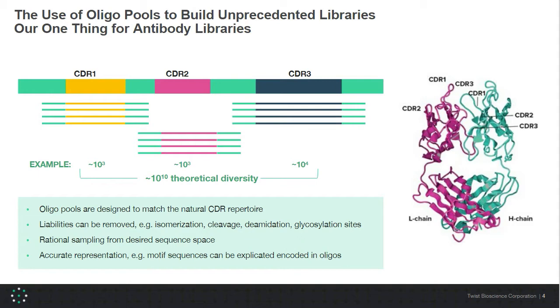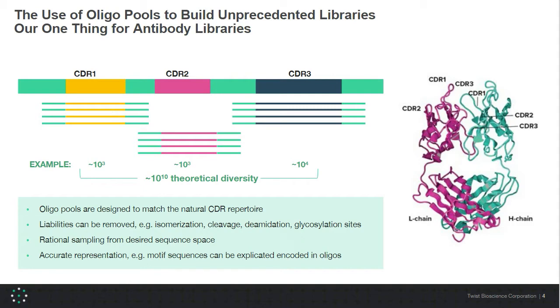Unlike a lot of our competitors that might apply mutations in a ratio-based library, they may get really high affinity antibodies, but they may also get antibodies that have unnatural pairing of specific sequences in their leads, which may not be derived from natural human sequence.